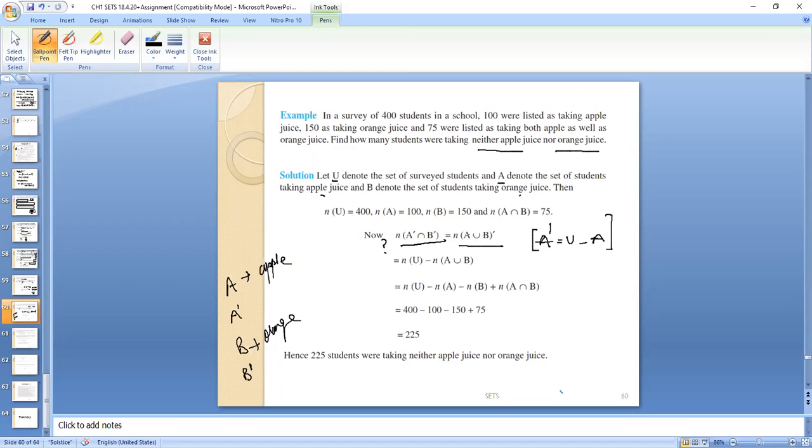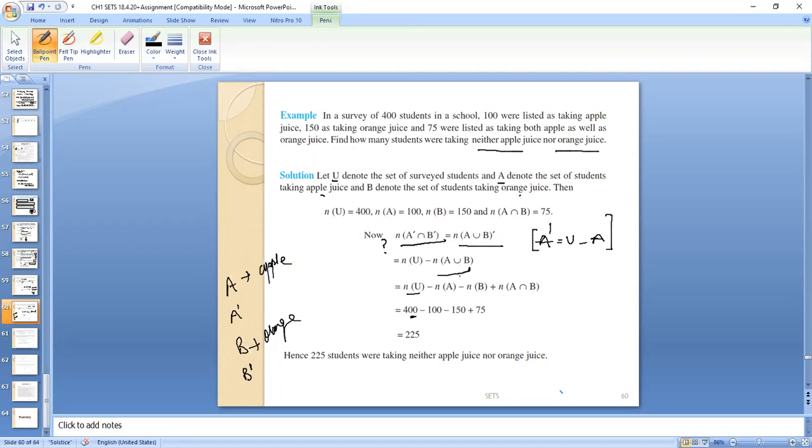So n of A union B complement is the number of elements in the universal set minus the number of elements in A union B. Number of elements in the universal set, we will write 400.